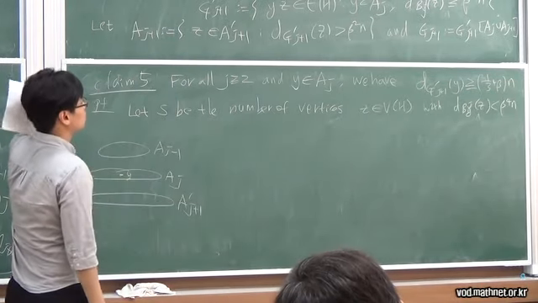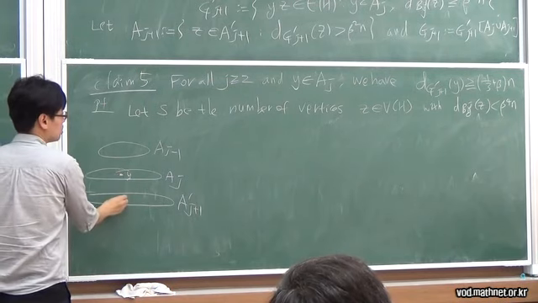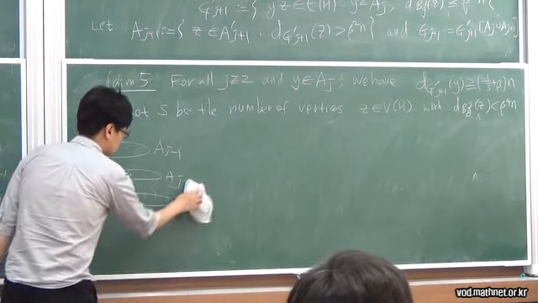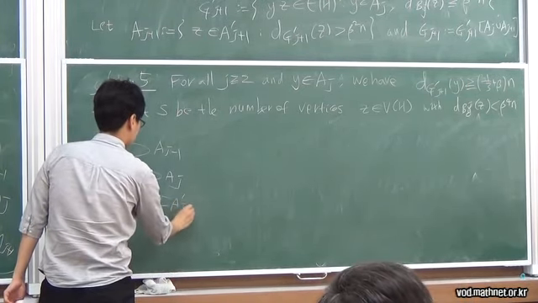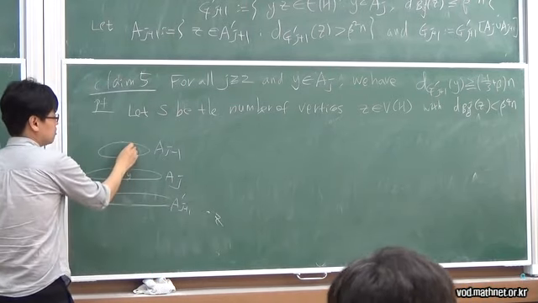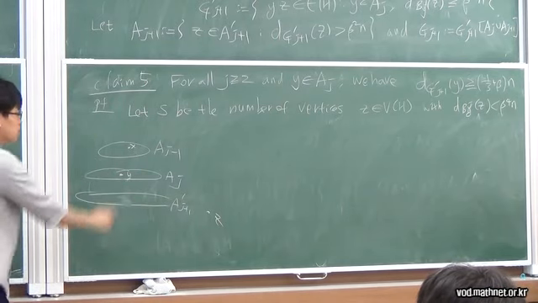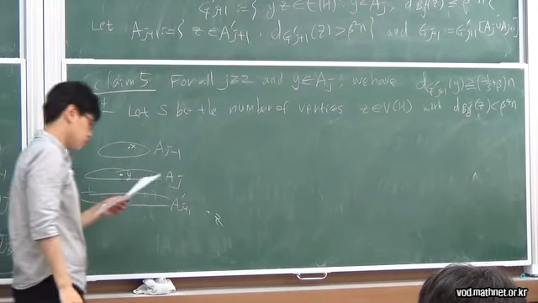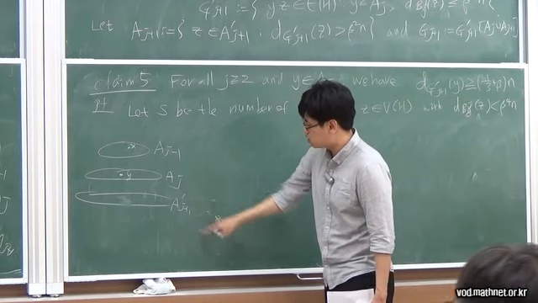What it means is that for this y and this g, there are not many choices of edge. If we connect y and g, there are not many vertices x that we can choose. Then these are not counted.